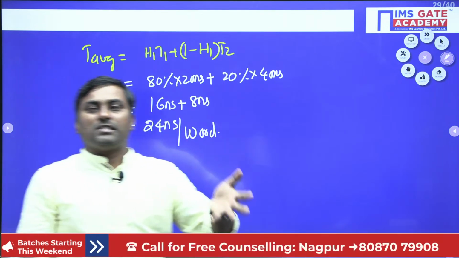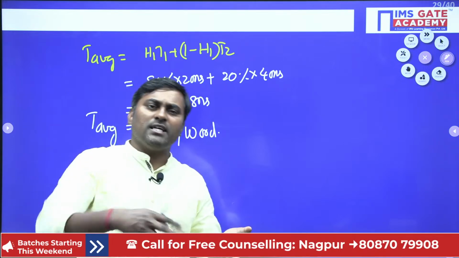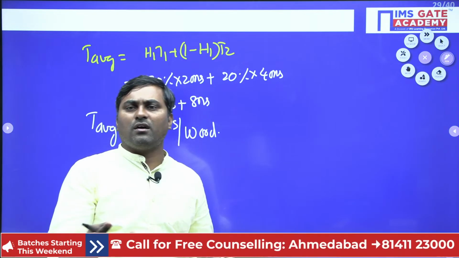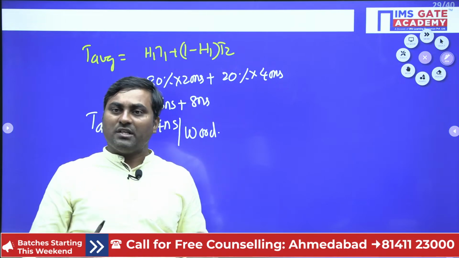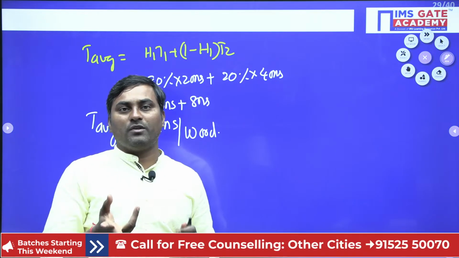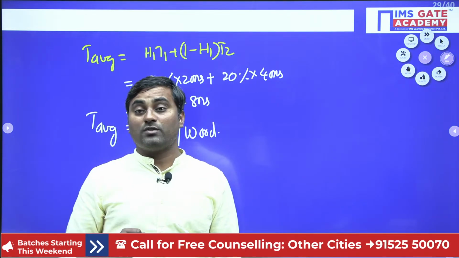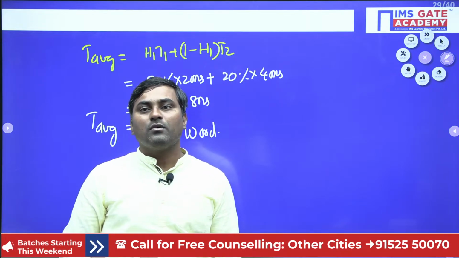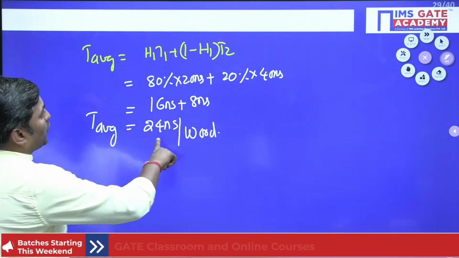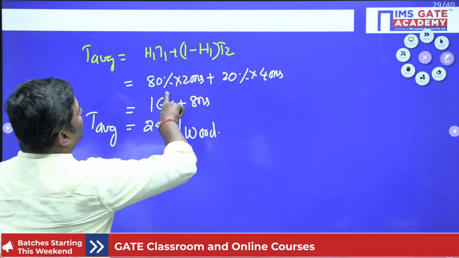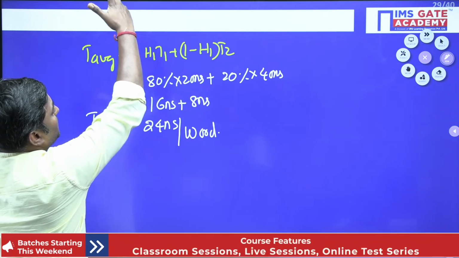From the two-level system, whether reading an instruction, reading data or writing data, whatever type of reference is generated by the processor, the two-level system requires almost 24 nanoseconds per word. Why did 24 come? Because this is taking 40, this is taking 20, and the hit ratio of level 1 is high, 80%.